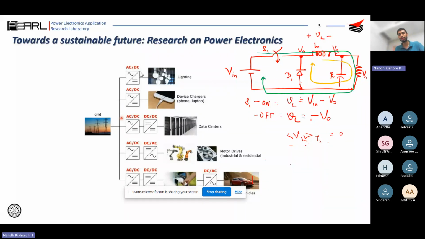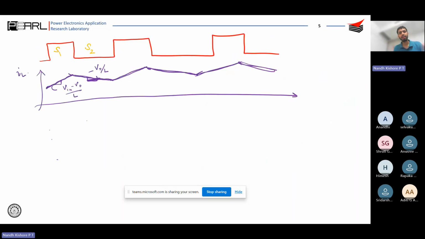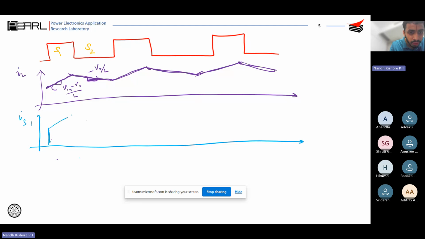I think you are quite familiar with the operation of a buck converter. So S1 and S2 are going to be on alternately. What would be the device current of S1? The device current IS1 would be equal to the inductor current when S1 is on. When S1 is off, obviously it will be 0.